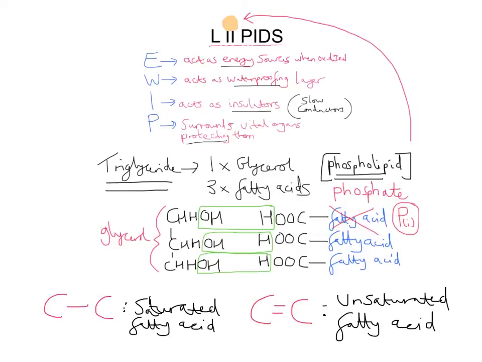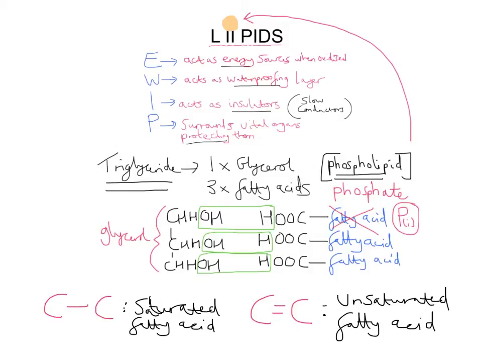Polyunsaturates have more than one double bond, as in linoleic acid. That's an example of a polyunsaturate. So unsaturated fatty acids have at least one C to C double bond. Saturated fatty acids only have single carbon-to-carbon bonds. So it's worth just mentioning that there.